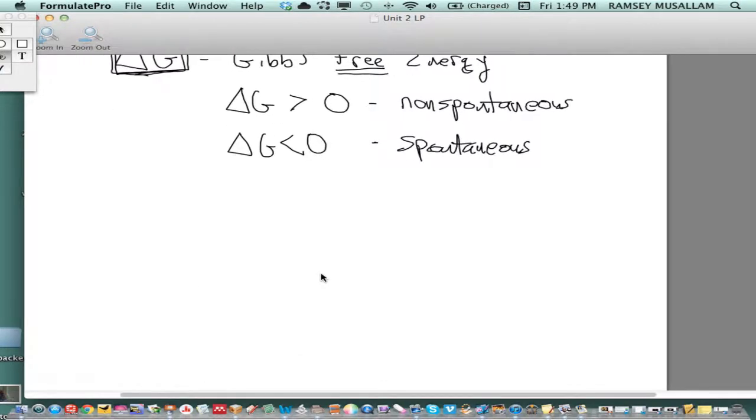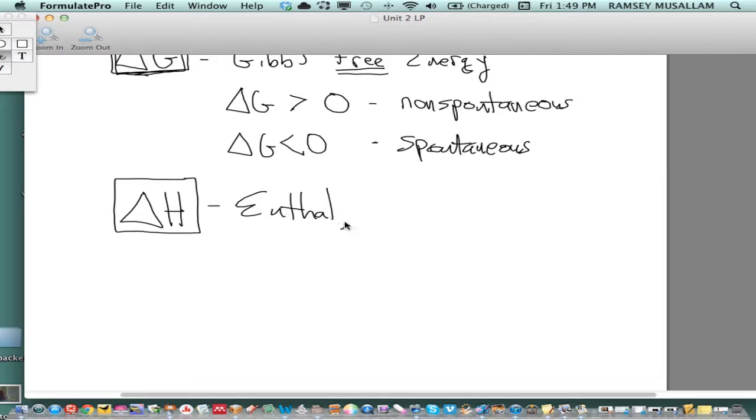Now there's another factor that we're going to be thinking about, and I introduced it to you strategically a second ago, and that is delta H. Just going to box everything here because they're going to become important later. And delta H stands for this thing, enthalpy. This is the one factor that you guys learned about last year. And we know these are pretty simple.